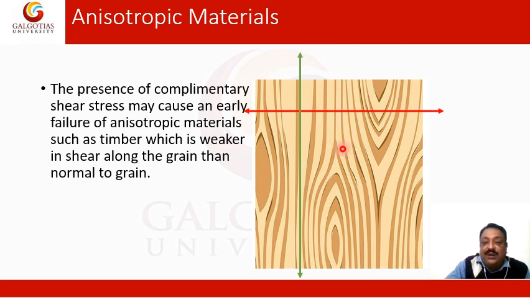But if you try to cut it along the green vertical arrow, which is along the grains, then it is easy. This is because of the anisotropic properties of the timber. So you can take advantage of the complementary shear stresses and anisotropy of the material.